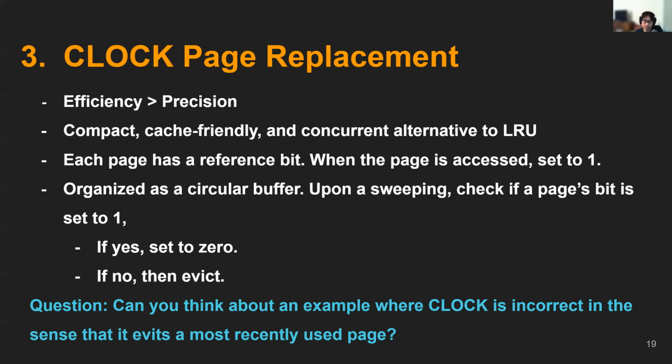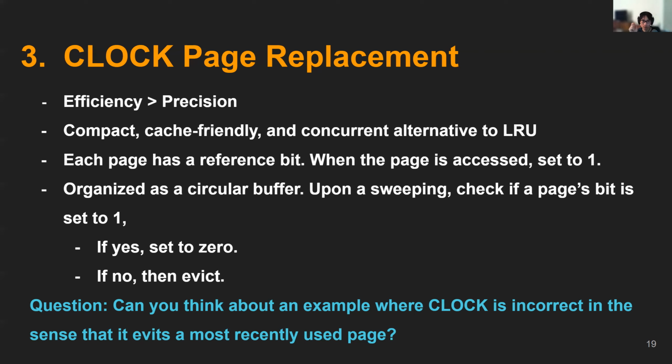And if the page has not been accessed, you evict that page. That's where you find extra space. And if everything is set to 1, you have to go around the clock from 12 o'clock back to 12 o'clock, and you set everything to 0. And when you go back to 12 o'clock, that's the one you are going to evict.